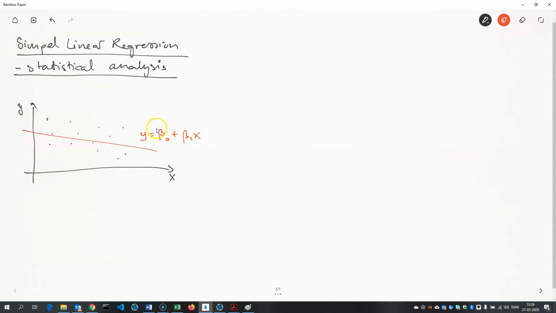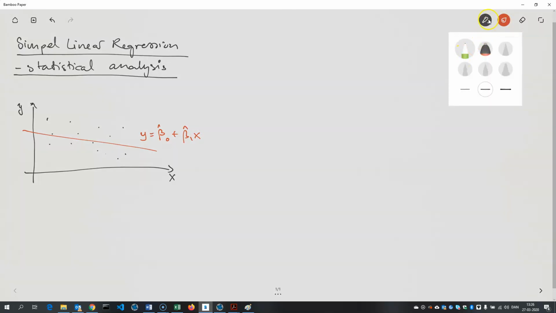And actually we want to give these regression parameters a small hat, indicating that they're just estimates of the true parameters.